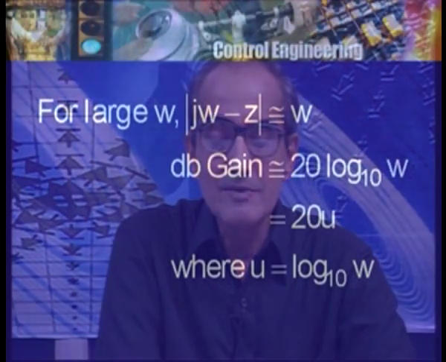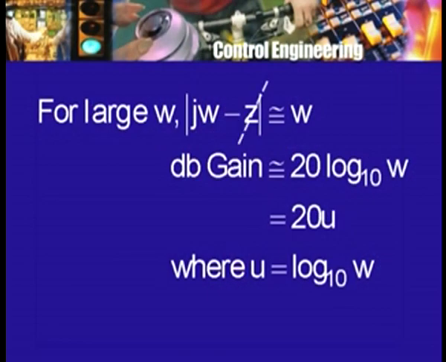Now, on the other hand, we can look at the case when omega tends to infinity, and that is when, from j omega minus z, we can ignore z, and all we are left with is omega, and therefore 20 log to the base 10 of omega is what we get as the dB gain.